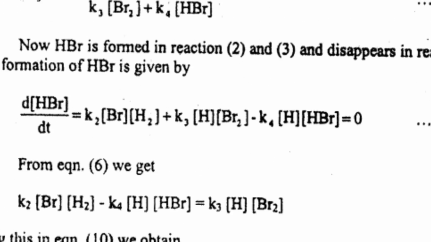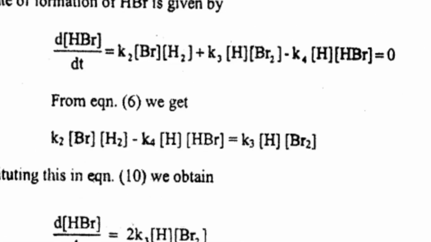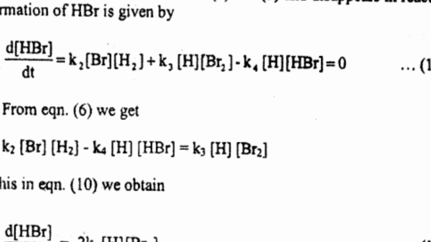And from equation 6 we get k2[Br][H2] - k4[H][HBr] = k3[H][Br2].